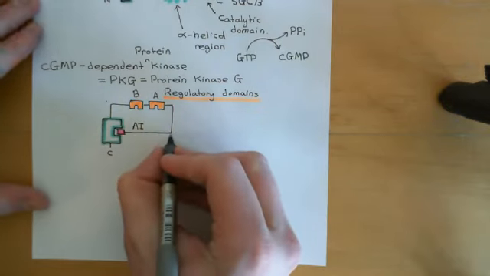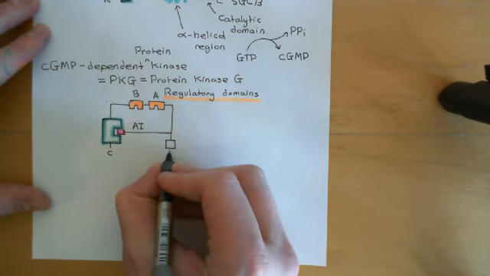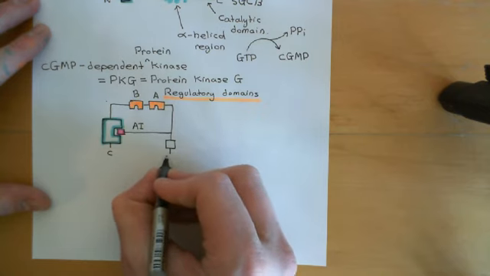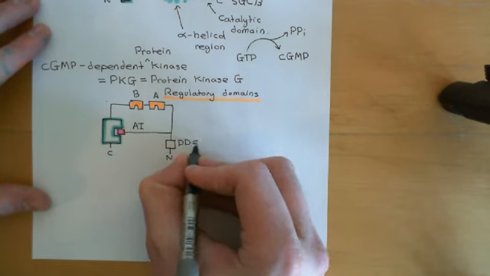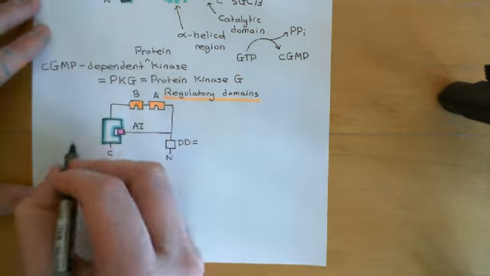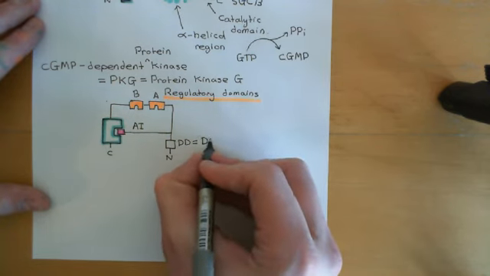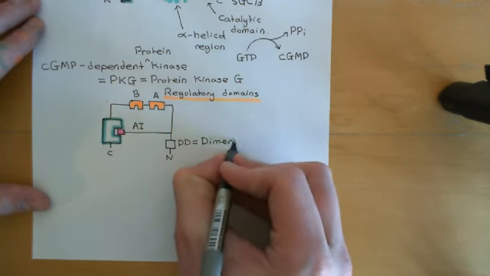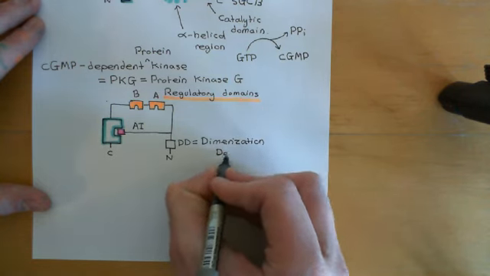And then finally, you have a special domain further towards the N-terminal than the autoinhibitory domain, which is known as the dimerization domain, or DD for short. So what's thought to happen is two of these protein kinase G enzymes can dimerize together by their dimerization domains binding. Okay, right, so this is the dimerization domain.